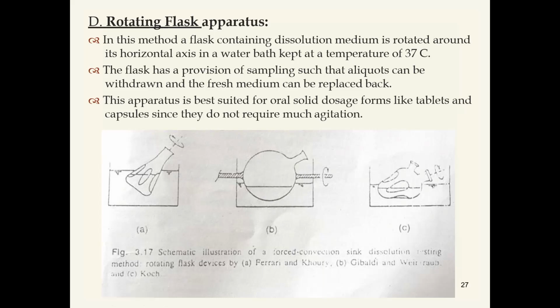This rotating flask apparatus is suitable for oral solid dosage forms like tablets and capsules. Why? Because they do not require high agitation. That is the reason we are using this rotating flask apparatus.